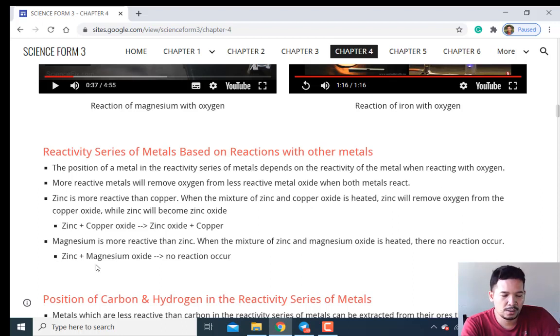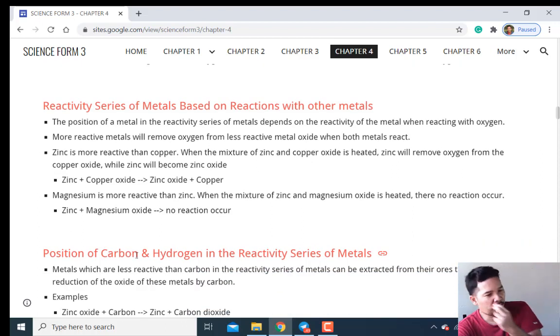We heat it together with magnesium oxide, and there is no reaction, which means magnesium is more reactive, so zinc will not take the oxygen from the magnesium oxide. Zinc itself will not change into zinc oxide, because magnesium is more reactive.